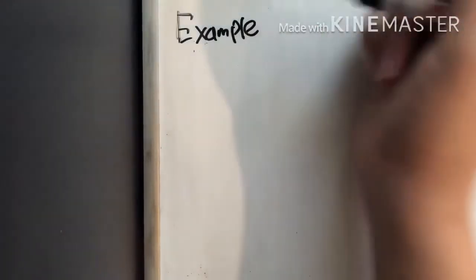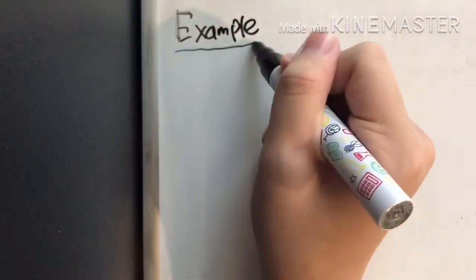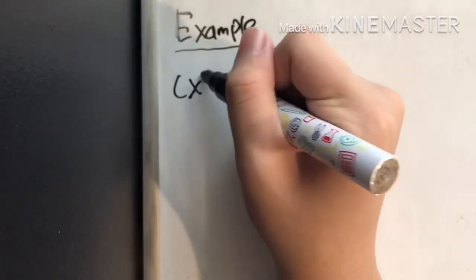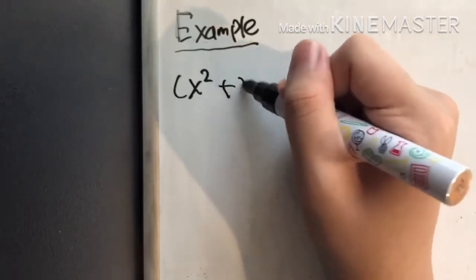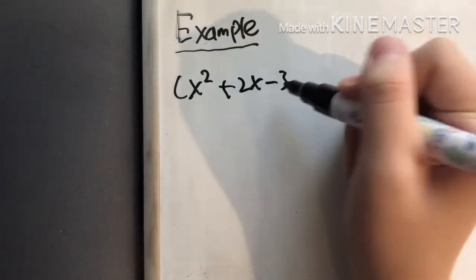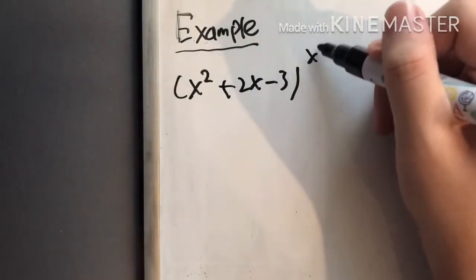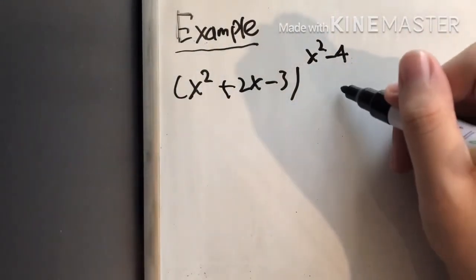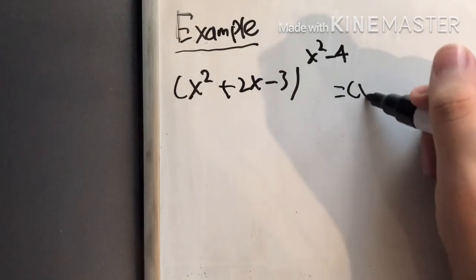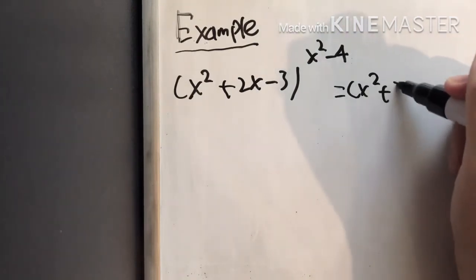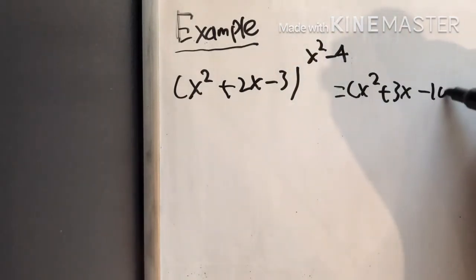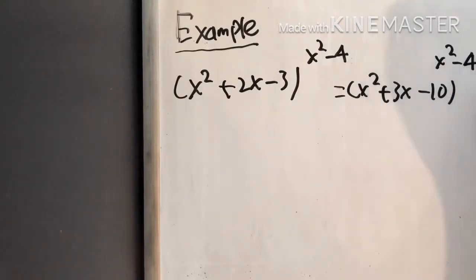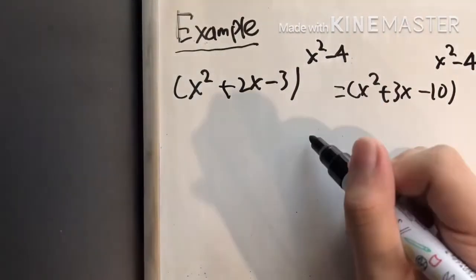An example question that I'm going to give is (x squared plus 2x minus 3) to the power of x squared minus 4 is equal to (x squared plus 3x minus 10) to the power of x squared minus 4.